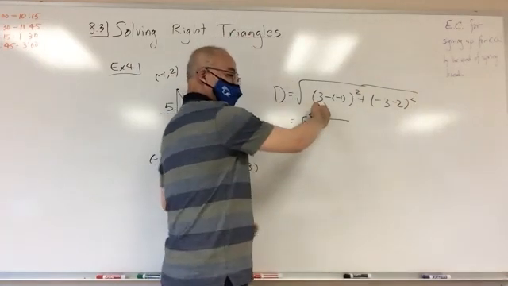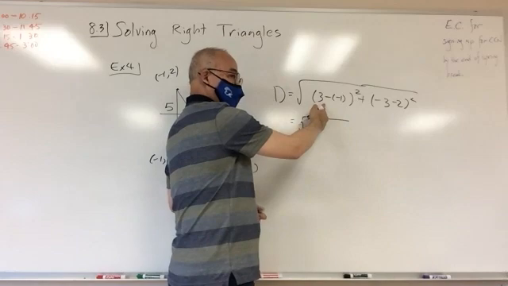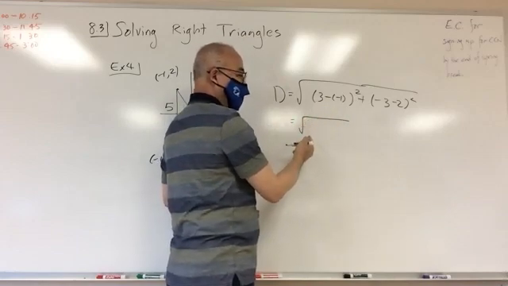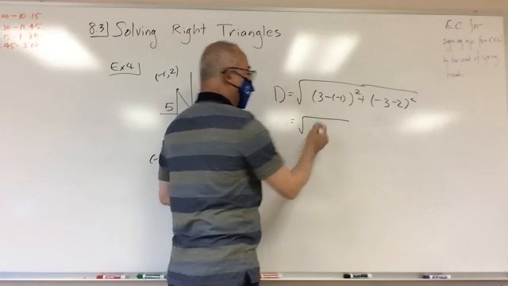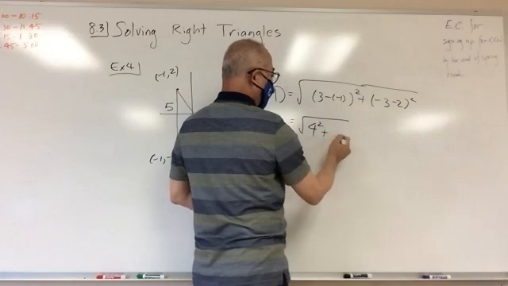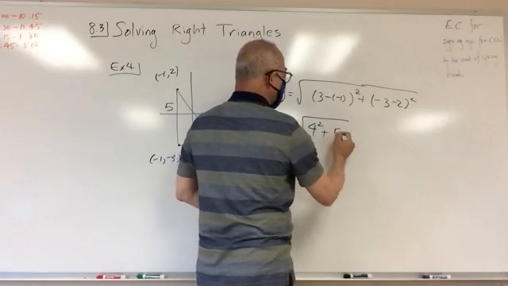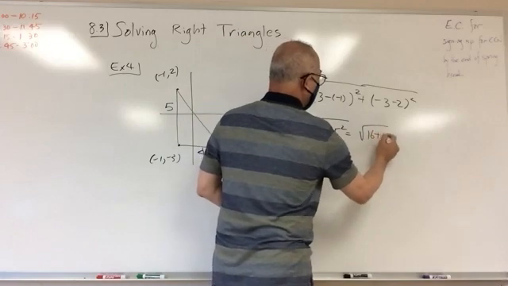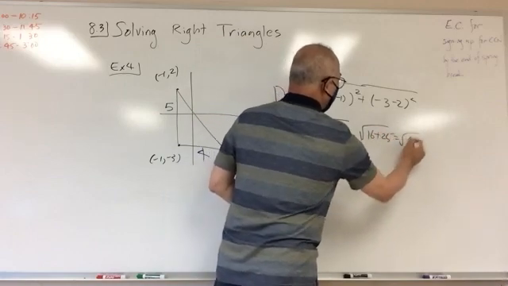What is this? Reeve, what is this? 4. 4 squared, right? What is this? -5 squared, which is the same as 5 squared. So I'm going to get 16 plus 25.